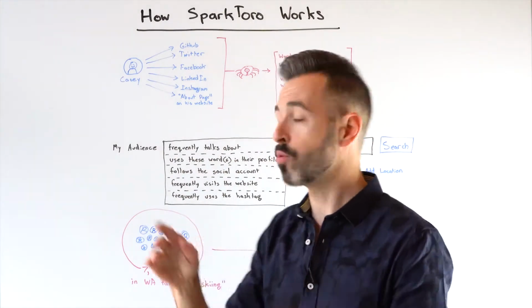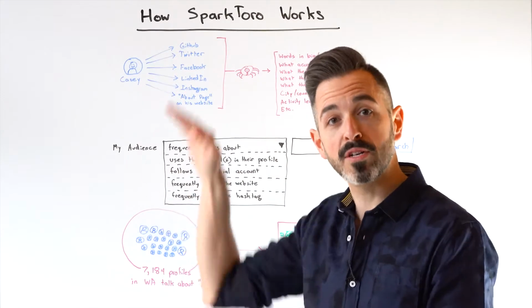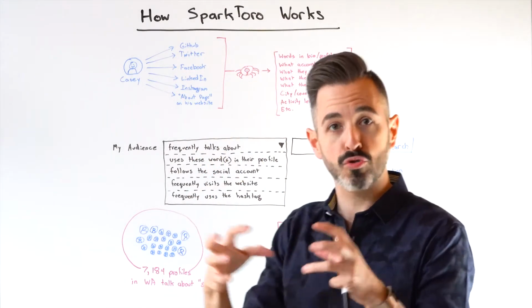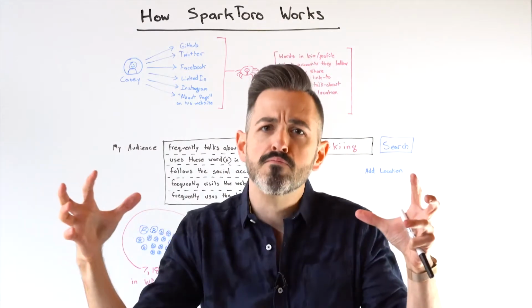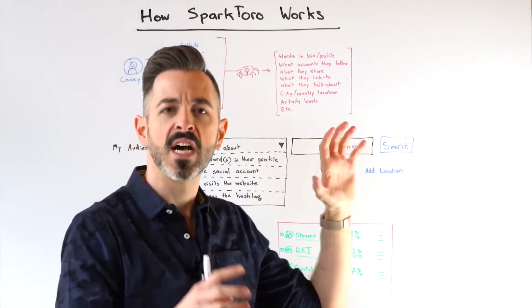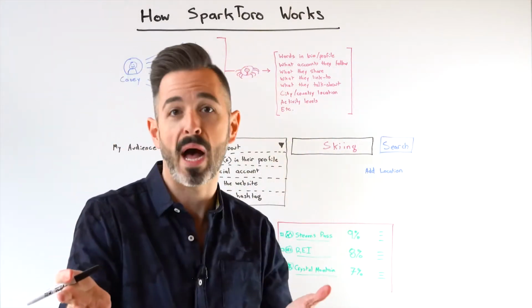SparkToro's identified that, okay, this guy, Casey, has these profiles, these URLs on all these platforms. And then we've crawled all those platforms, right? SparkToro's crawled all those places and munged all that information together into this sort of convenient data set about Casey in particular: words that are in his bio and profile.